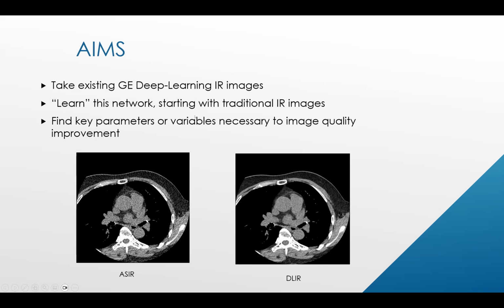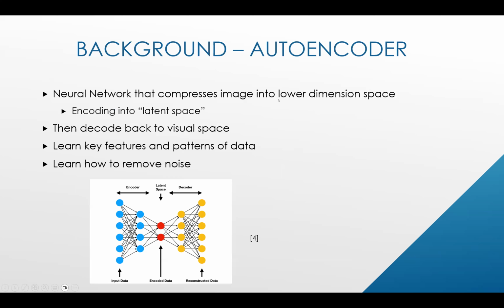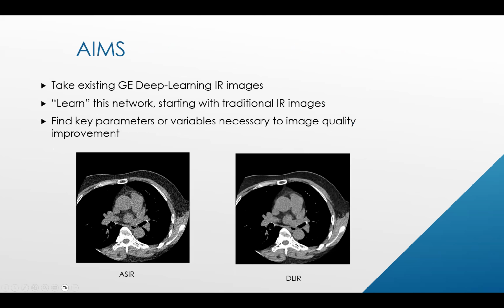And my plan was to train my own network to sort of learn this transformation here and see maybe which parameters or which key struggles there are in creating this sort of neural network noise reduction. And my choice was to use an autoencoder design provided, I think, by TensorFlow.